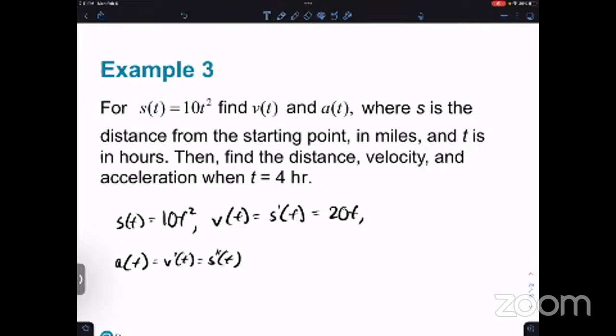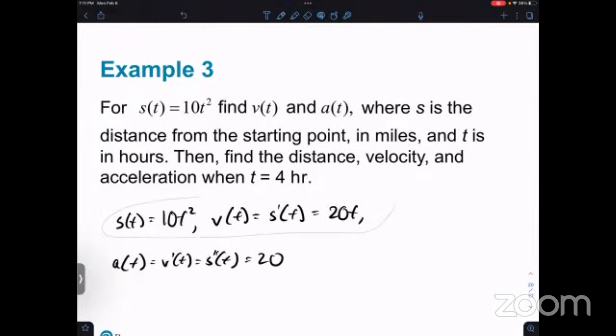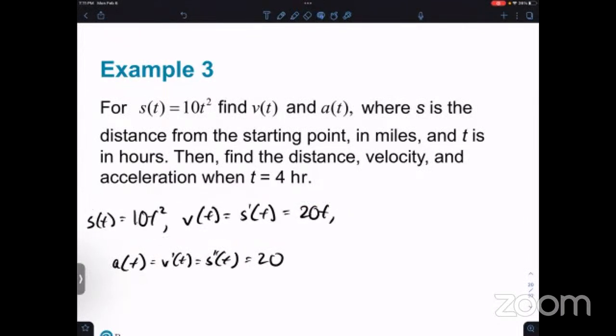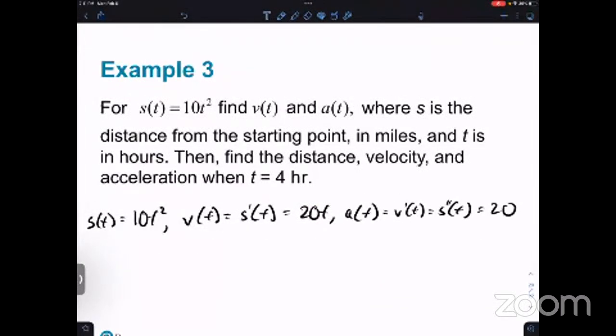If we take the derivative of that result, we get 20. So we have our position function, velocity function, and acceleration function.